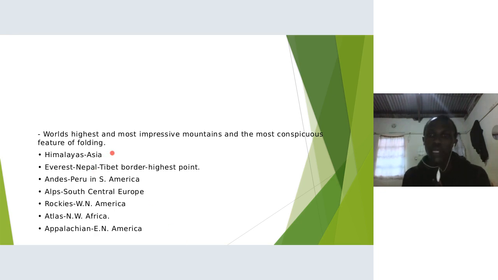The highest and most impressive mountains are the most conspicuous feature of folding. Number one, we have the Himalayas in Asia. The second one, we have Everest on the Nepal-Tibet border, the highest point. Remember, Mount Everest is the tallest mountain in the world. And the third one is the Andes in South America.